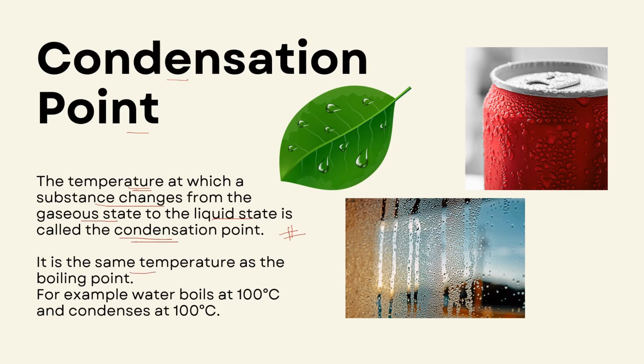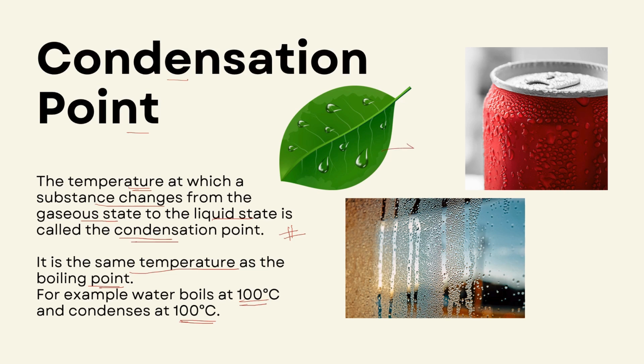It is the same temperature as that of boiling point. So condensation point and boiling point are the same thing. For example, water boils at 100 degrees Celsius and condenses at 100 degrees Celsius. So both the temperatures will be the same.